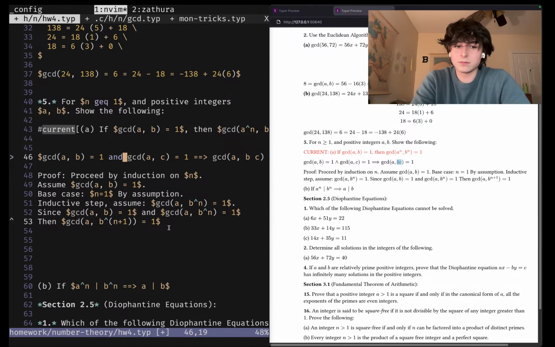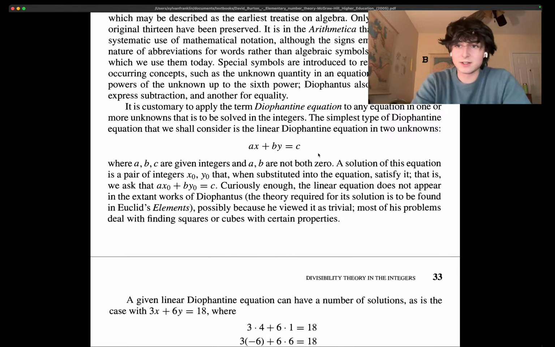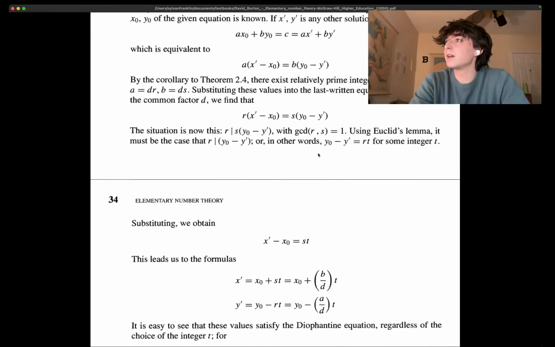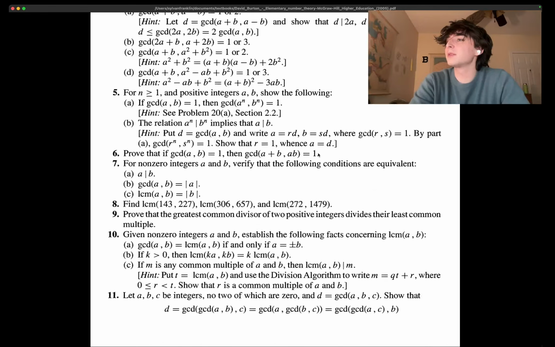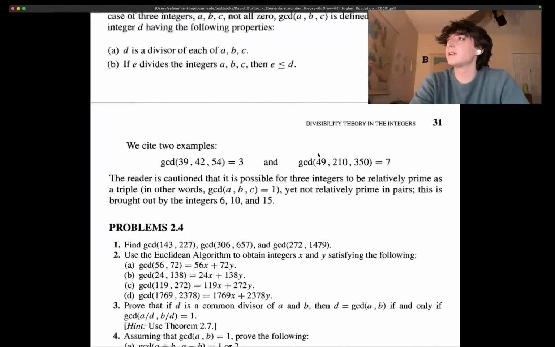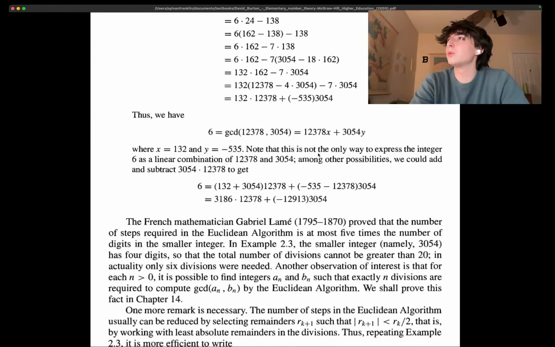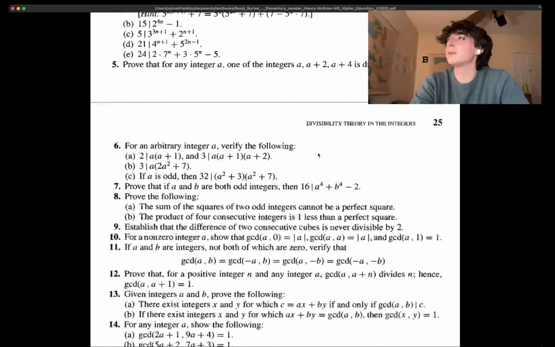Did the teacher give you this lemma, or what did he say? He said, let's see, there's a hint. He said refer to the hint section, like 2.4 or 2.3 maybe.